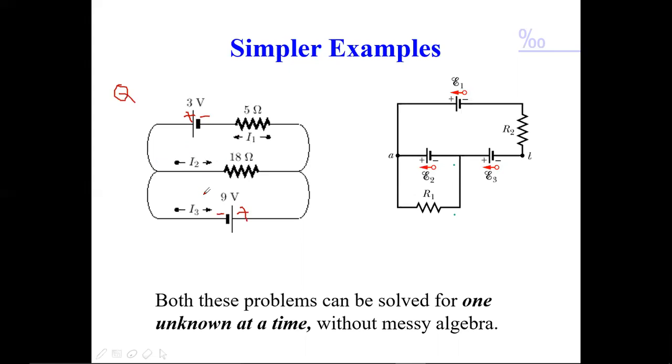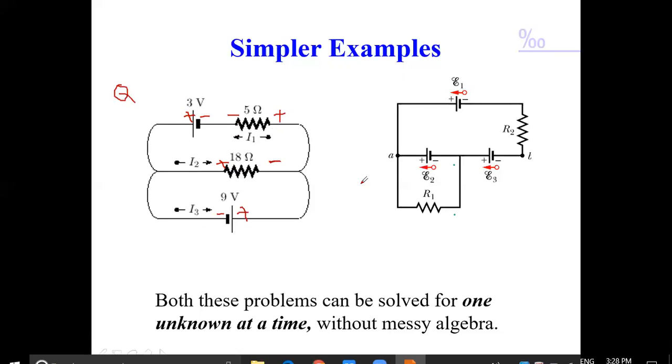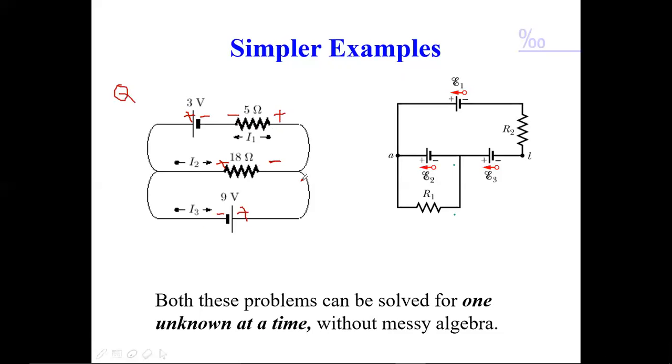Here the branch currents are already given: I1, I2, and I3. For this I1, you know the current is flowing from this side. Already he has given the direction. Then the signs are plus and minus for the flow of this current. This current I3 is also given in this direction. So now you need to write the loop equation for this.